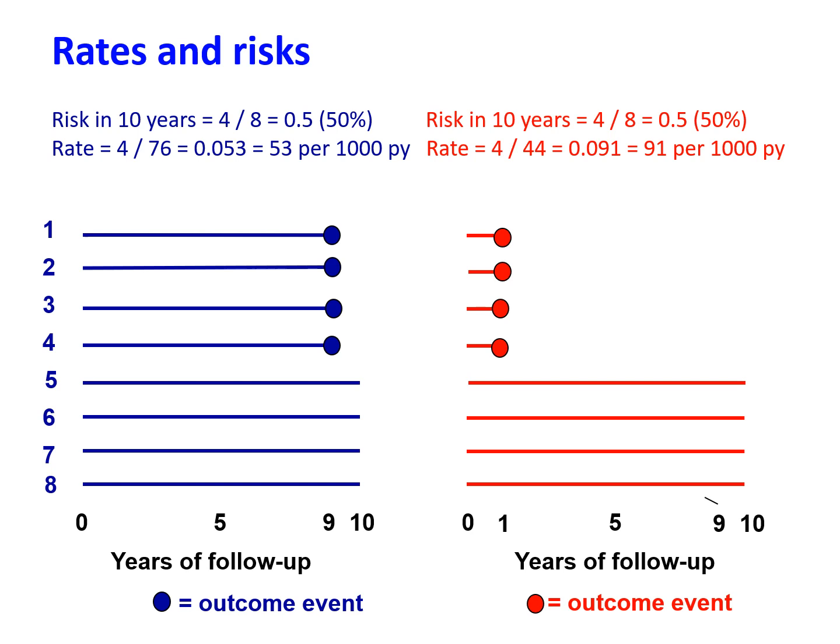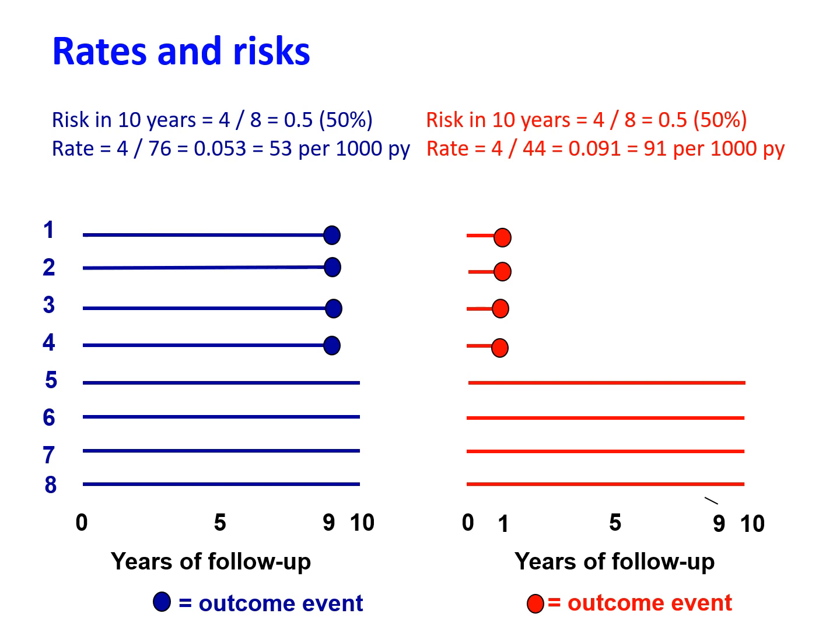So let's now consider a comparison of rates and risks. On the left-hand side here in this example in the blue, we have 8 people followed over time, of whom 4 developed an event. So the risk in 10 years is 50%, 0.5. And over the right-hand side, similarly, in this example, 4 people developed an event over a 10-year follow-up, 50% risk.